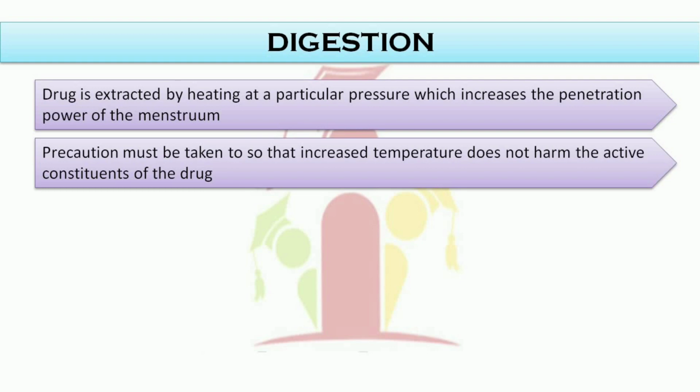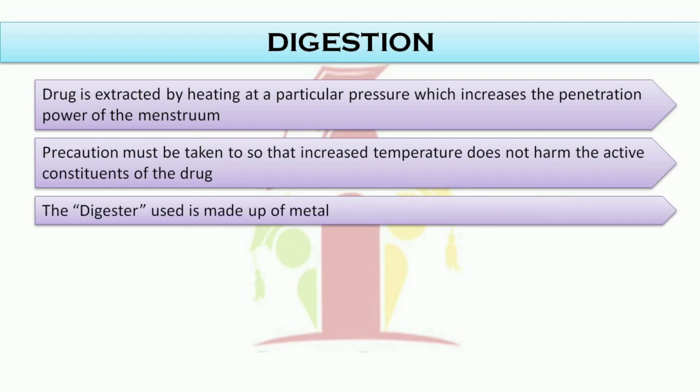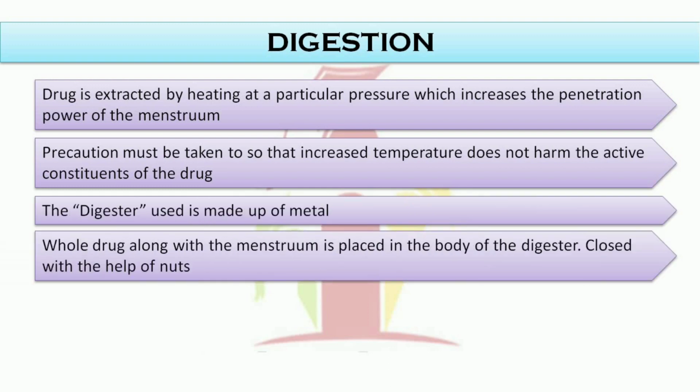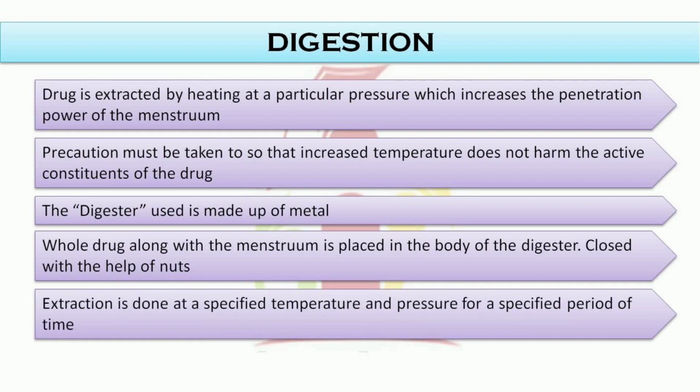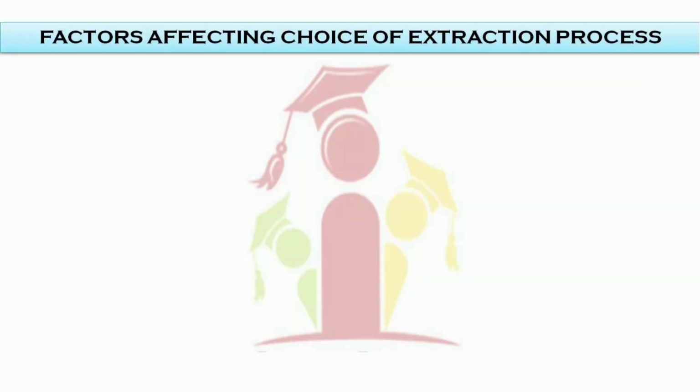So it is clear that this is also not for thermolabile drugs. The digester used is made of metal. Whole drug along with the menstruum is placed in the body of the digester and closed with the help of nuts. Extraction is done at a specified temperature and pressure for a specified period of time.